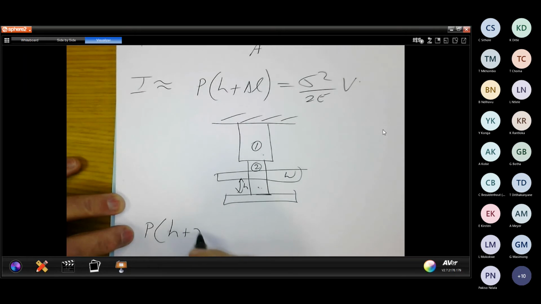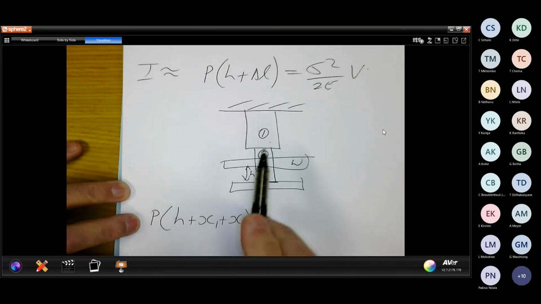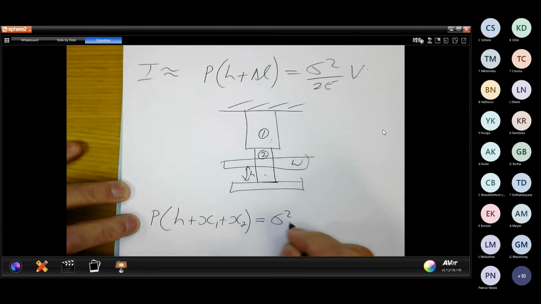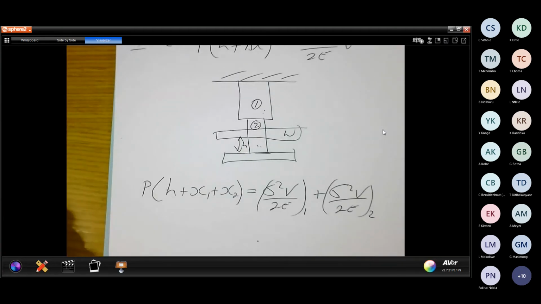That means I will have a mechanical change in number one plus a mechanical change in number two, which will be equal to the strain energy in number one and the strain energy in number two. But the size of the area is different, so the strain energy in number one will be different from the strain energy in number two. That means there's my formula now.